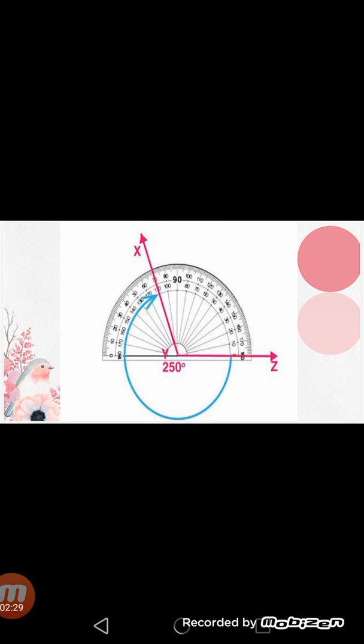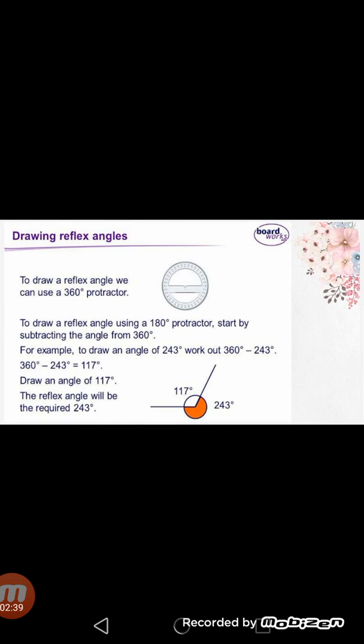Here I have just shared a picture to show the reflex angle, which is in blue color in the diagram, and we label reflex angle in this way. Here I have one example of drawing a reflex angle.